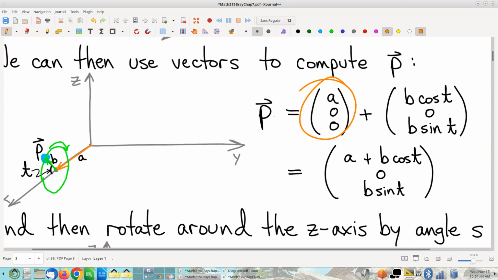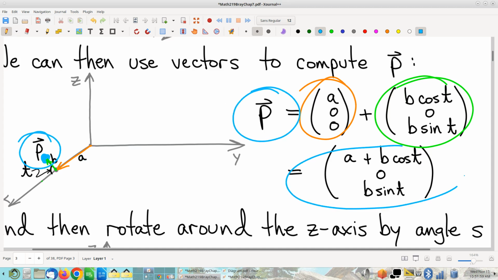Here's the answer, by the way. That's that A vector. And this is that B vector. And therefore, altogether, the point that we're actually interested in is that, which simplifies to that. Everybody see the big idea there? It's another one of these: sometimes vectors are much more easily understood as sums of simpler vectors. Nice trick.